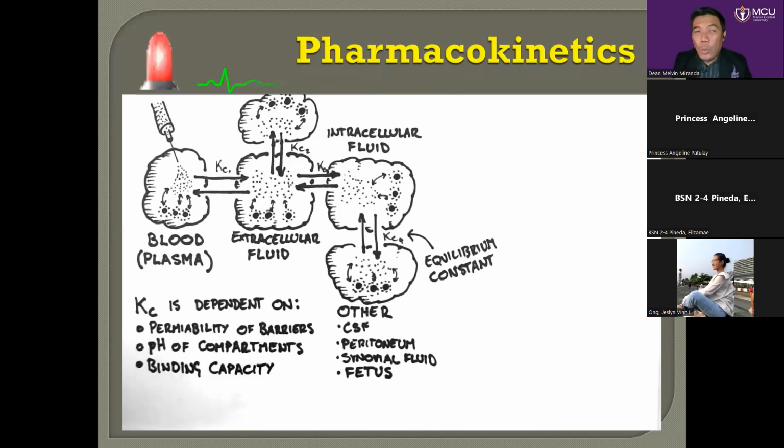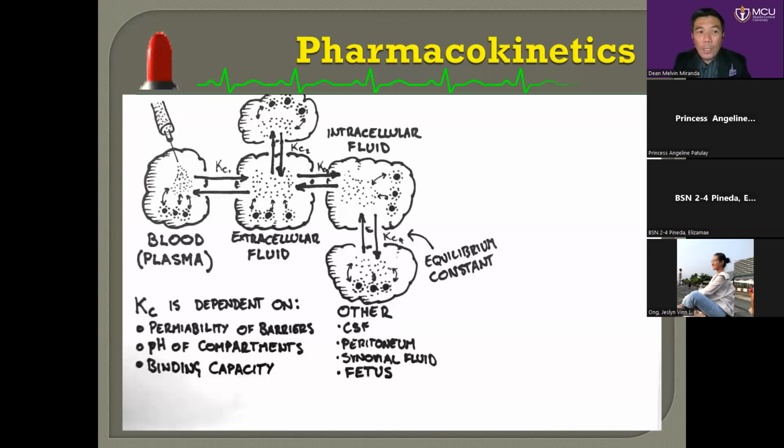Peritoneum is the peritoneal cavity wherein it envelopes the internal organs of the abdomen. Synovial fluid are the fluids that are present in the joints. Fetus, obviously, we have the amniotic fluid. Sa lungs, we have the pleural fluid. Sa lungs, we have pericardial fluid. So these fluids are very important for the transport of the drugs.